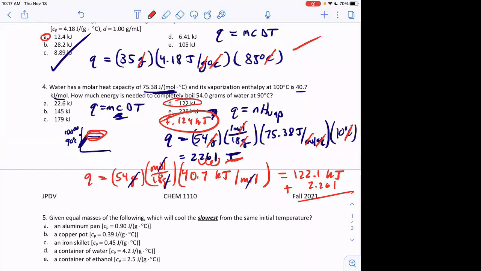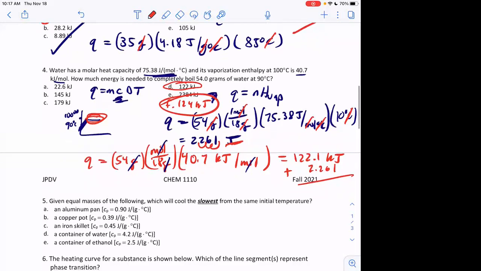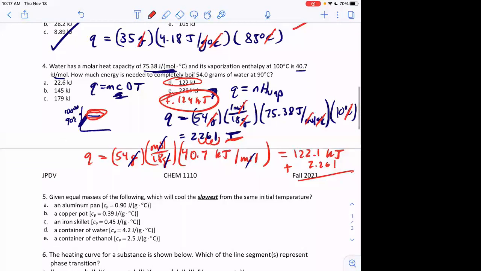So that was put there as a detractor for sure. Does that make sense on Zoom? That can't be the answer, because that's in joules. You have to pay attention to your units. Okay, so we'll say F, 124 kilojoules.